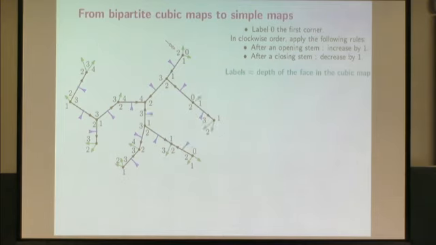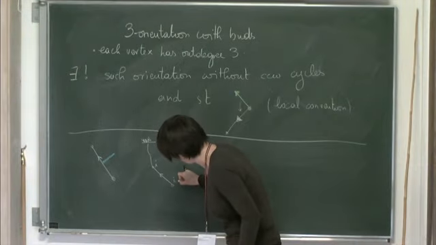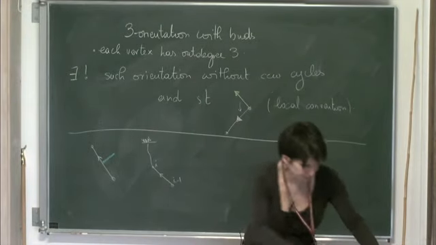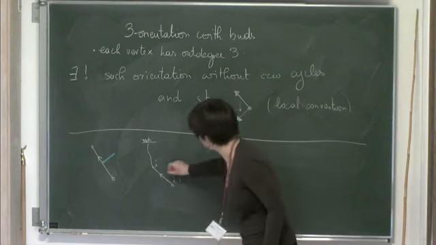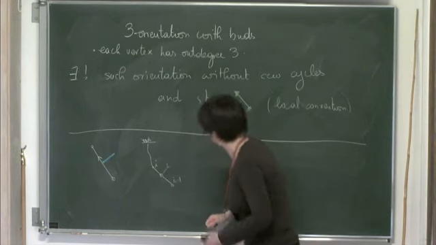Because we have really a lot of steps in this bijection, I should recall them here maybe. So, that's the root of my tree. Let's say I have an edge oriented like that. In this case, if my label is i here, my label is going to be i-1 here, because it means that I have a closing stem here.